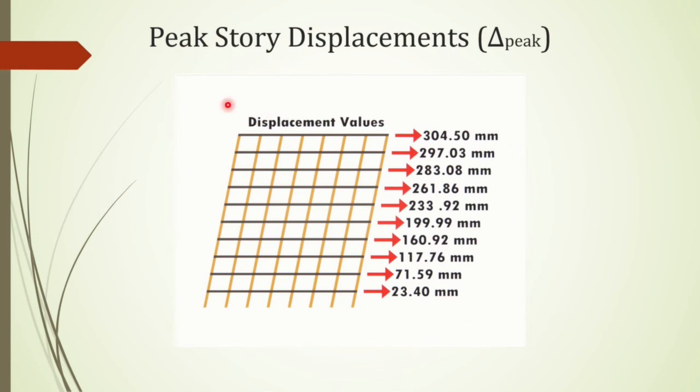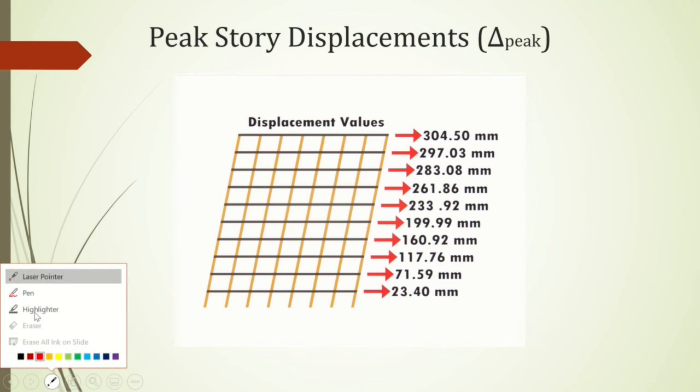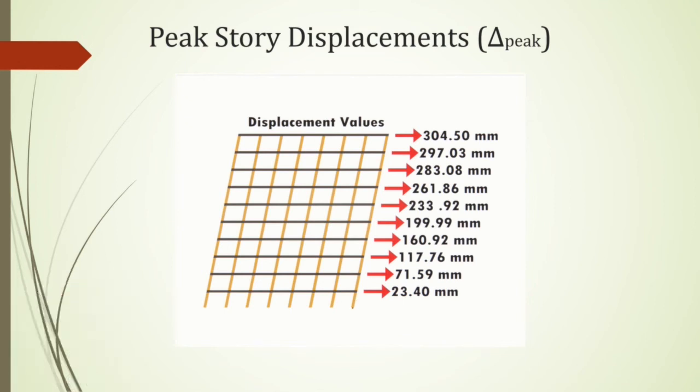Now, to understand these displacement values, our reference point po is from the bottom of the building. Ito po yung origin natin dito po na part, papunta sa taas. So, yan yung reference po natin.